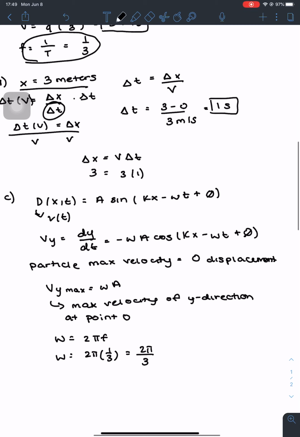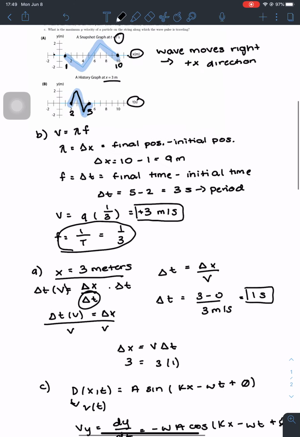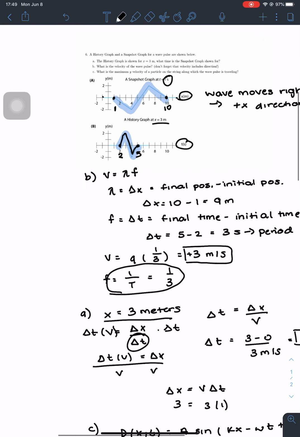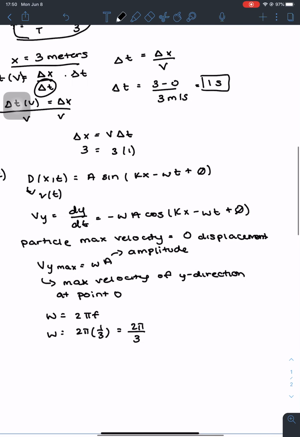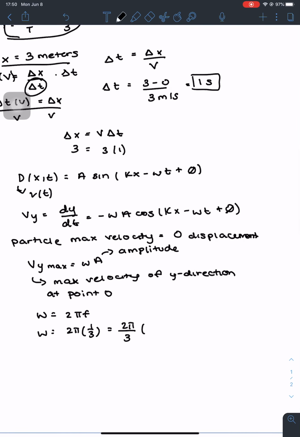And then the A basically means our amplitude. And our amplitude is the maximum extent of an oscillation. So this right here is the maximum, and then this right here would also be it. So our maximum is at positive 2.